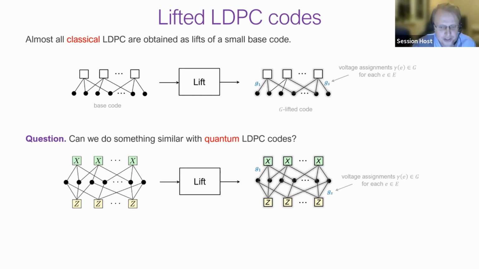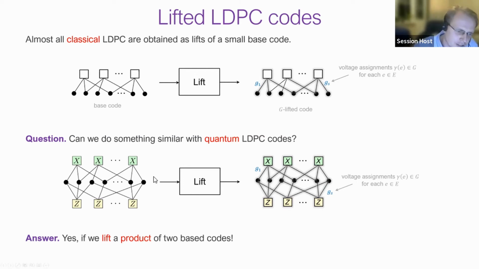Unfortunately, it is not so easy to do in the general case, but the answer is that you can do it if you apply it not to just every quantum code, but to a code that is obtained using the hypergraph product construction. This is the reason why we call this a lifted product, because we lift the product of 2 classical codes.